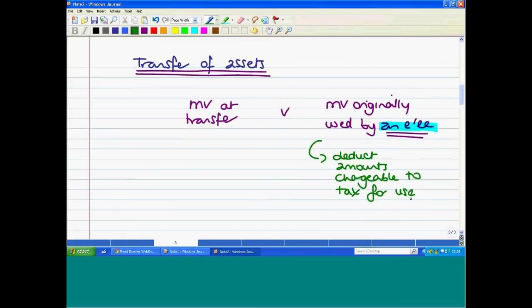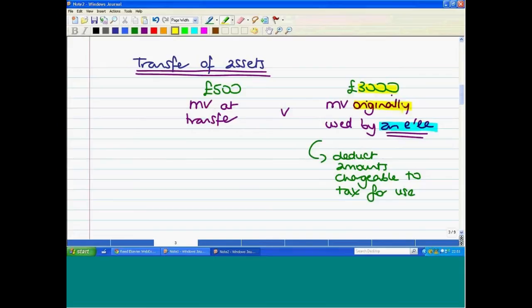Okay, so if you think back to our previous example, let's say that I've now been given the asset and it's been transferred, so that plasma TV, let's say it's been transferred to me now and it's worth £500. But if you think back to that previous example, it was originally lent to Simon when it was worth £3,000. Now that seems a huge amount in comparison.